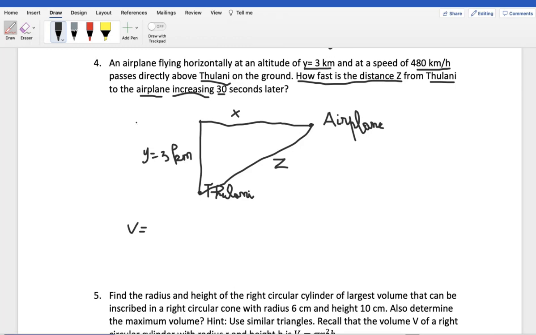The plane is flying on a horizontal axis up in the air, so that would be the change in x over time. So that's the speed of the plane, and that is given to us as 480 kilometers per hour.